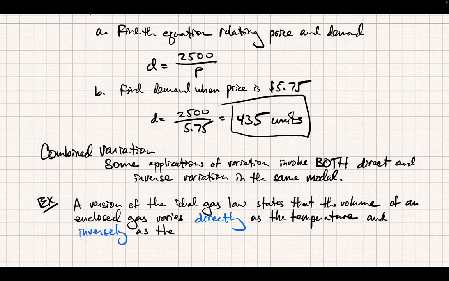Temperature goes down, the volume goes down. I did this in science class. Right, so I'm asking you to remember from your science class that the volume of a gas varies directly as the temperature, and inversely as the what? Pressure.